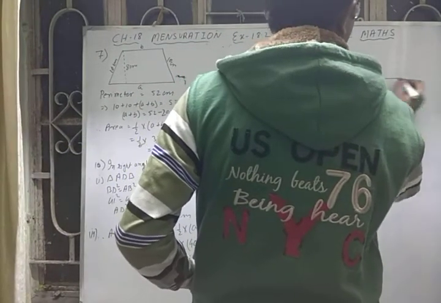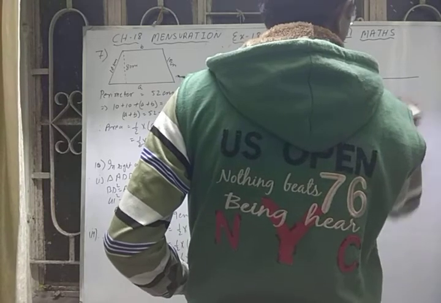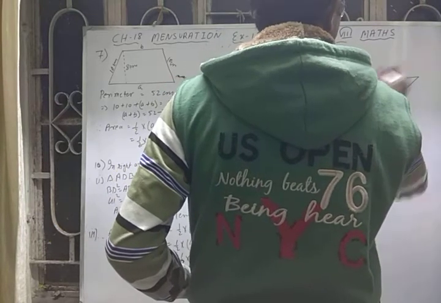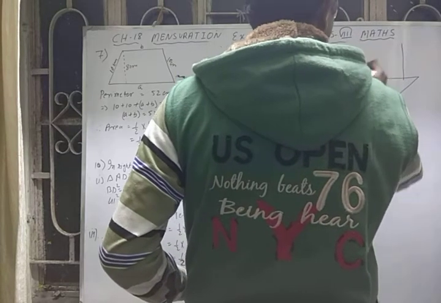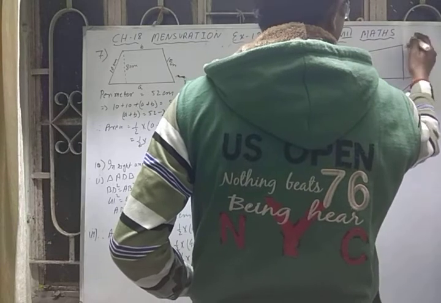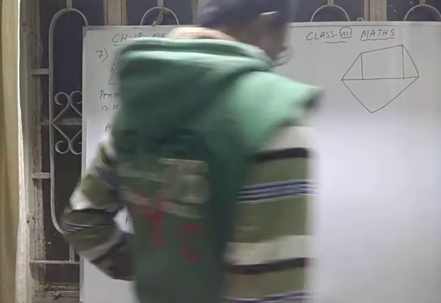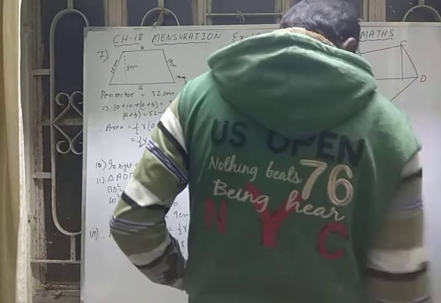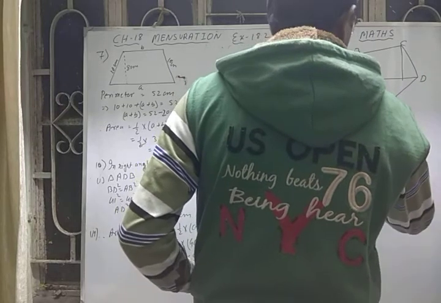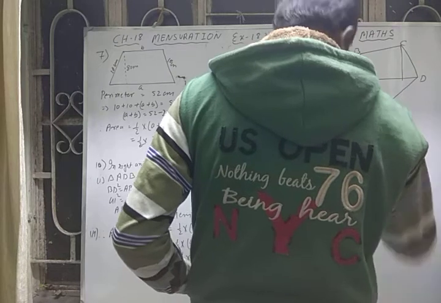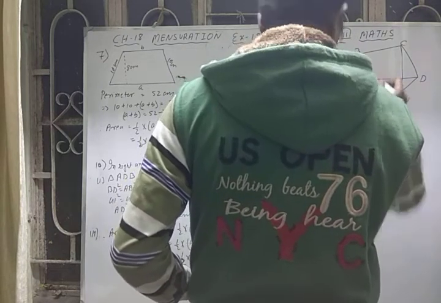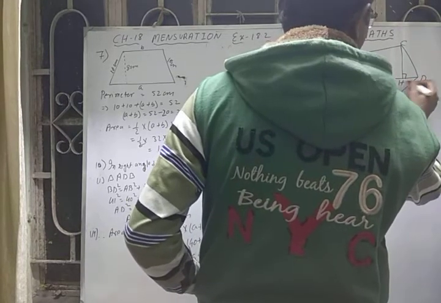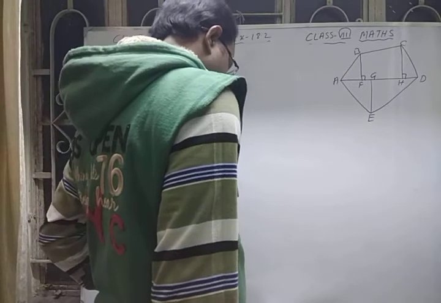You just follow this. So the names are given A, B, C, D, then this height is also given, DE, then this is F, here is G, and this one is H. Okay, now some measurements are given.